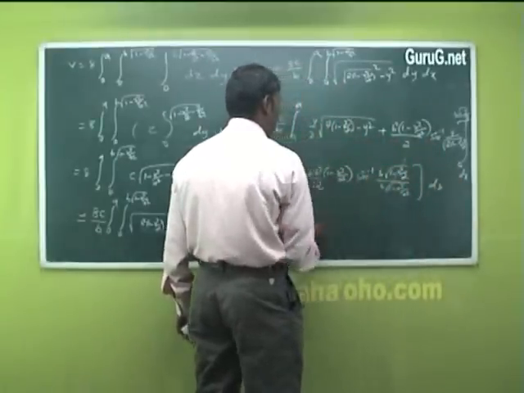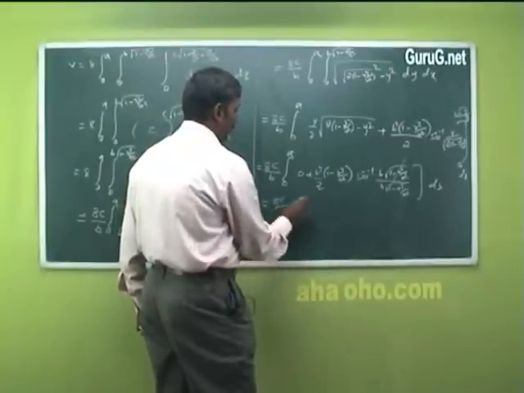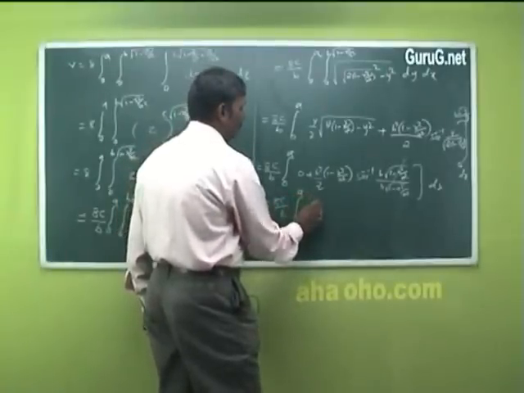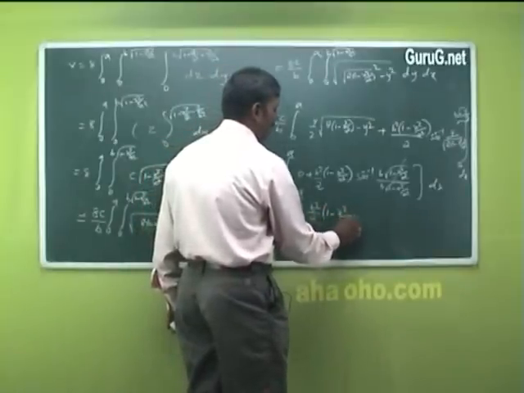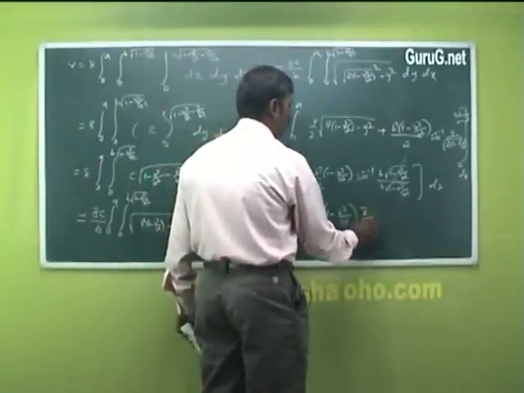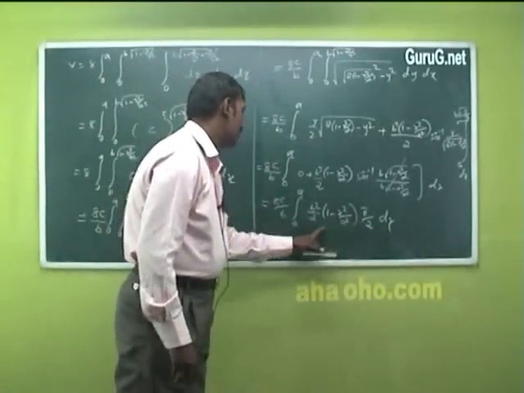So we take 8c by b, integral 0 to a, b squared by 2 into 1 minus x squared by a squared into pi by 2, dx, right? Now we take this pi by 4 outside.